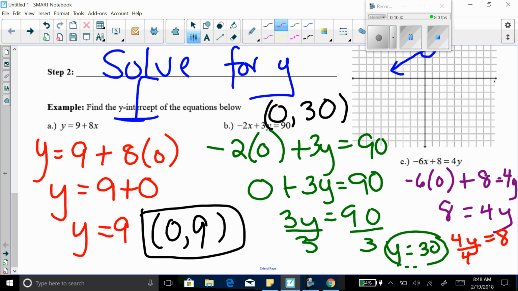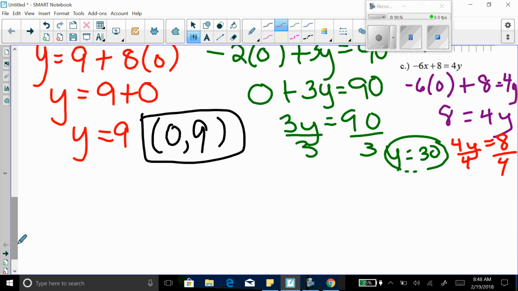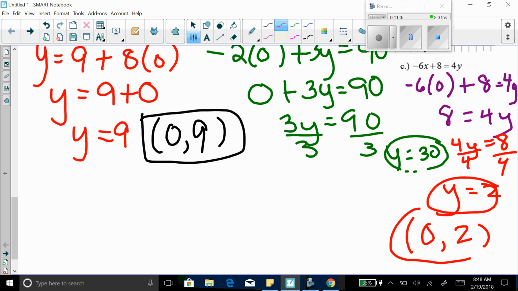Divide by 4, divide by 4, and you get y equals 2. Now again, it's a point, so when I substituted in 0 for x, I got y was 2. And that's your y-intercept. So that's it for y-intercepts.